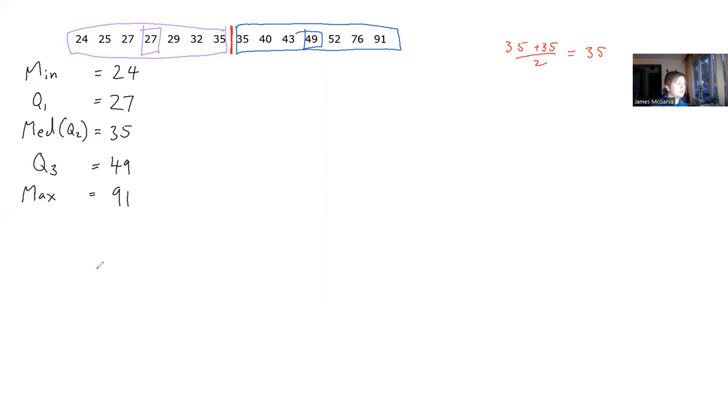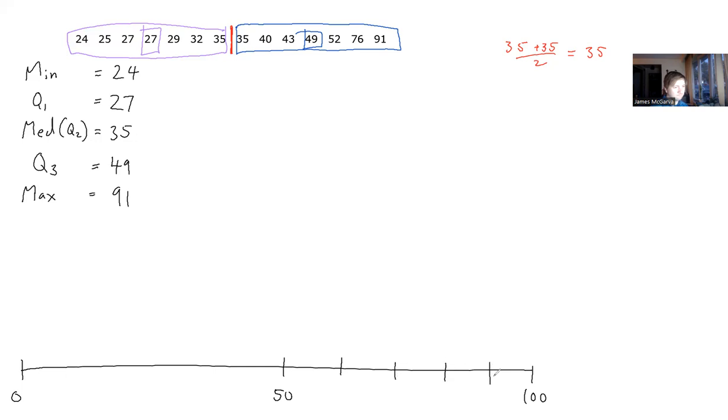The basic box plot looks like this. We've got our number line. Right, so what we're going to do is we're going to start by drawing a box.